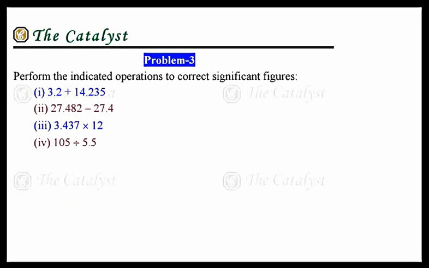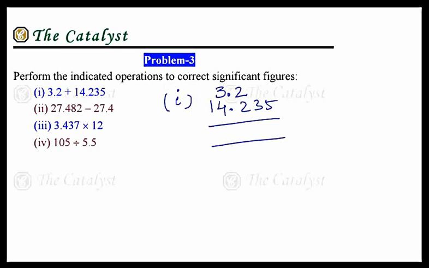Now we are supposed to find out the result after addition, multiplication or division. In the first problem we have to add 3.2 with 14.235. When we do addition, we only take into consideration the number of significant figures after the decimal place.